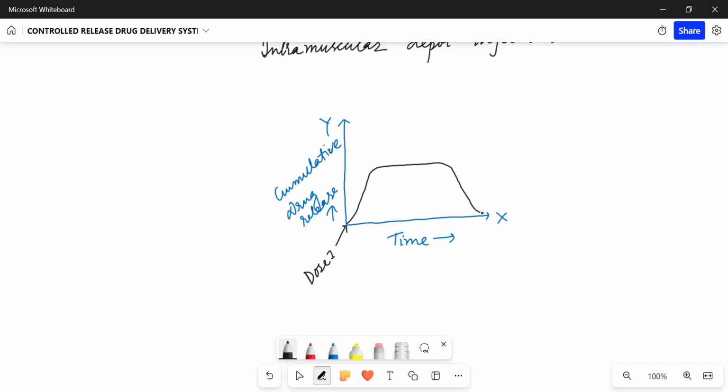It means when we are applying dose 1, it goes through a controlled manner for longer period of time, maintaining a steady state plasma concentration level. Now, this is the minimum effective concentration, and this is the minimum toxic concentration. Okay. In between this, that is known as therapeutic index.